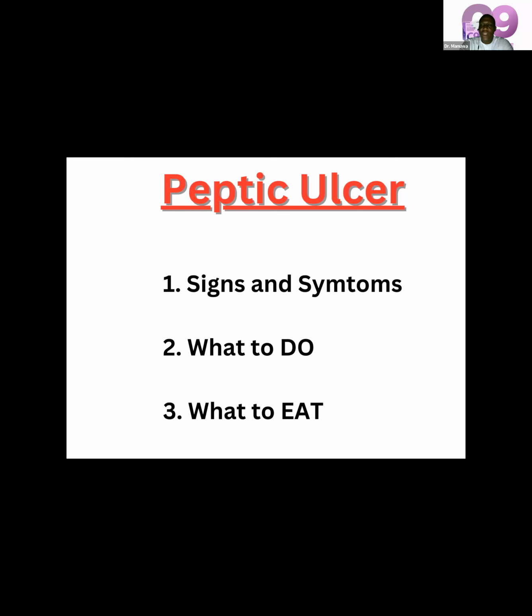Then there are certain investigations that are carried out when somebody comes with signs and symptoms suggestive of peptic ulcer disease. One of them is they will take your blood and check for the bacteria that we mentioned earlier, the H. pylori.